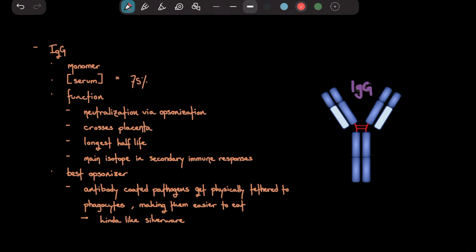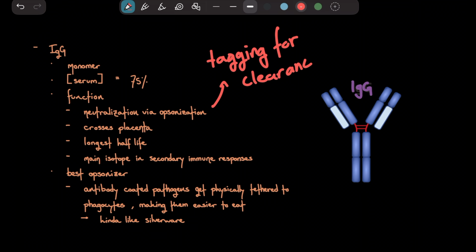Remember, opsonizing, fancy word for tagging. It's fine for the macrophages to eat with their hands. It's kind of gross, but if you just eat with your hands, that's a quick way. But if you have silverware, well, it's much more efficient. Okay, so that's another good analogy for this opsonizing. The antibodies are our silverware.